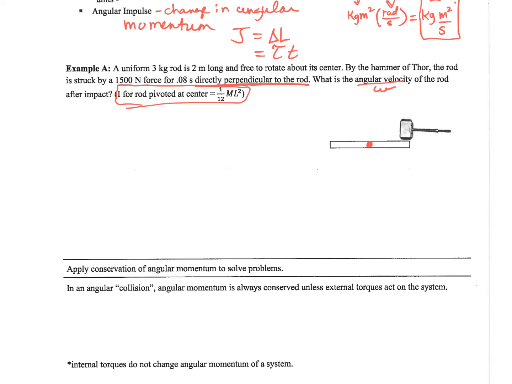All right, so we're going to set this up. We know about impulse, right? How do we know we actually had an impulse? We've got a force that's being applied for a very short period of time, right? Okay. So what we know is this. We've got an angular impulse. We know that's the change in angular momentum.